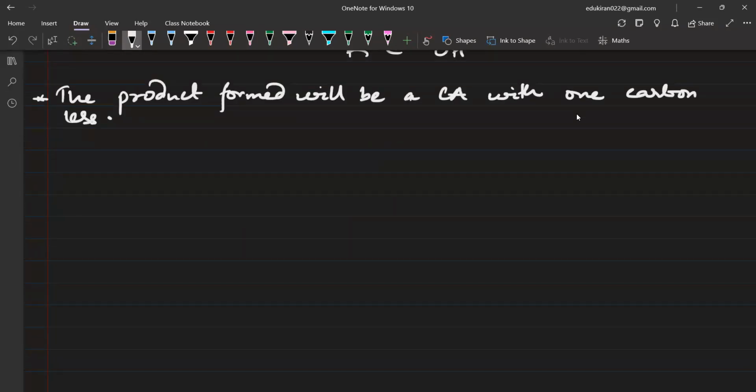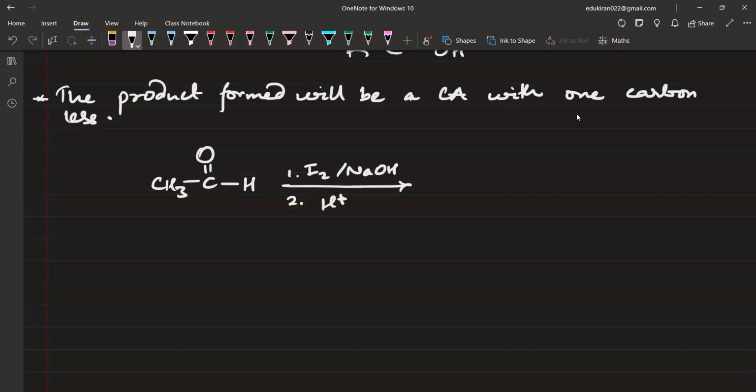See here, for example, if you have aldehyde के केस में you have only one example, that is CH3 C double bond O, and you can have only hydrogen, है ना? Then only this reaction will occur. In the first step, you have I2 and NaOH, and the second step you have H plus.